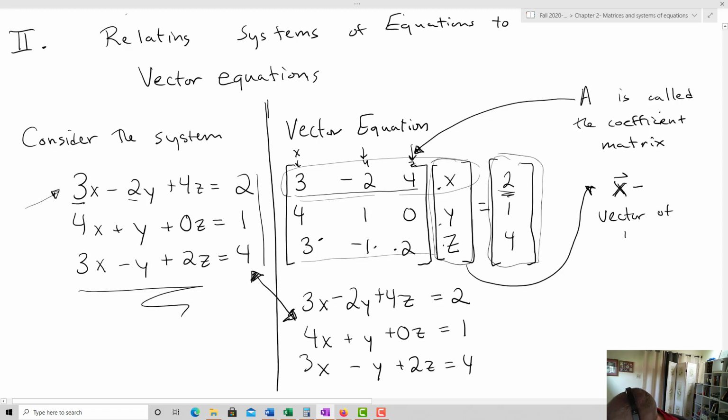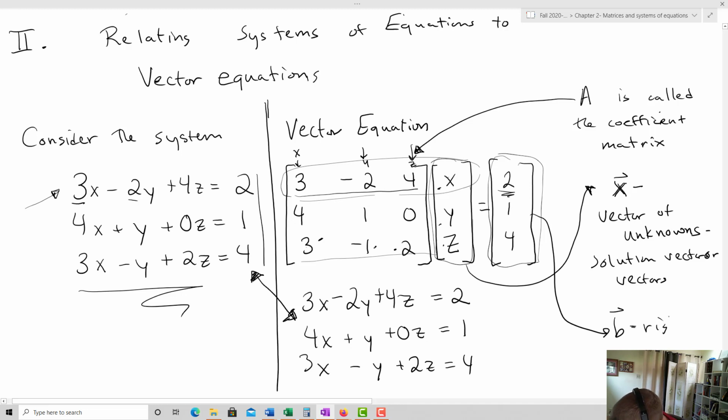It'll soon end up being called the solution vector, or vectors, because what it'll end up giving us is the solution to the system of equations if there actually is one. And then this third one here, we're going to call it B, and we'll call that the right-hand side vector.